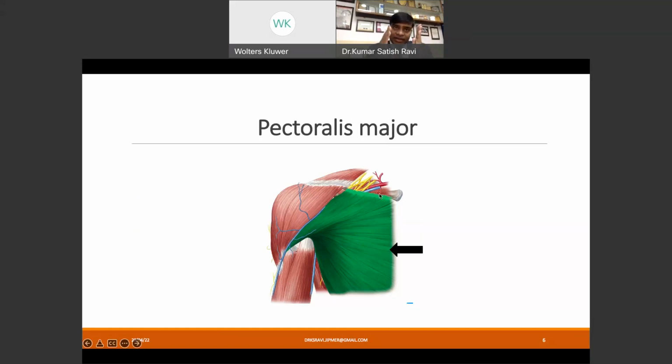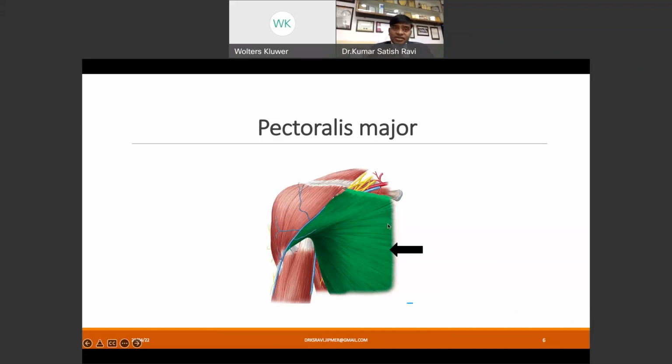The clavicular head arises from the medial half of the anterior surface of the clavicle. Similarly, the other head over here is the sternocostal head.